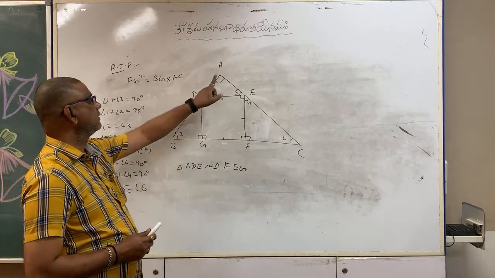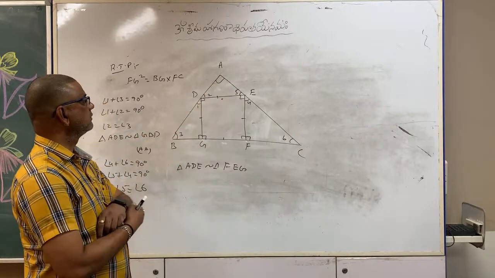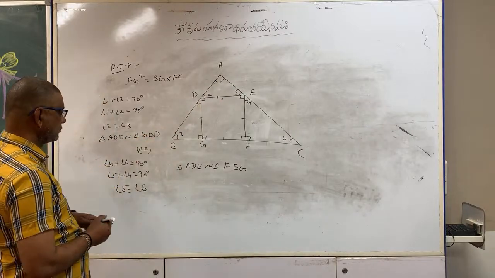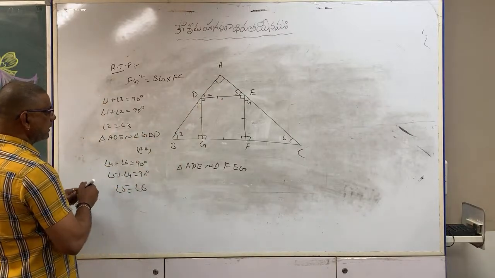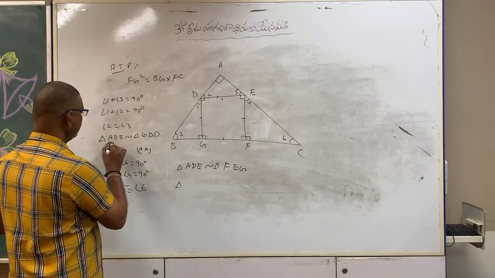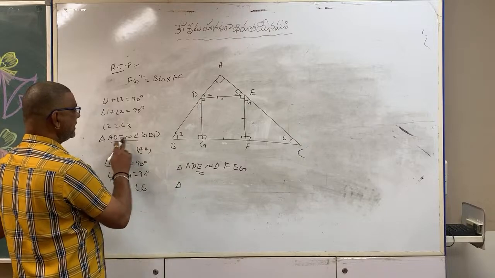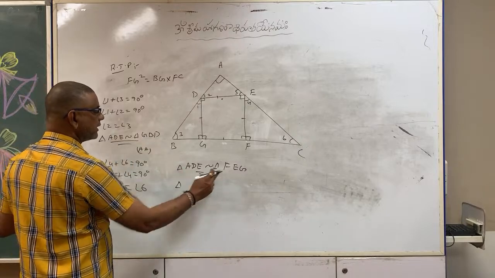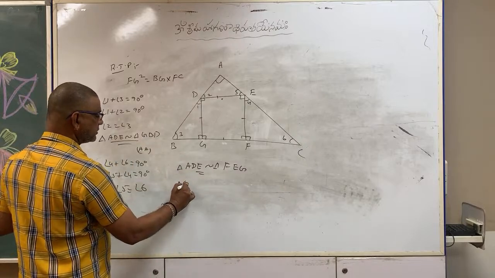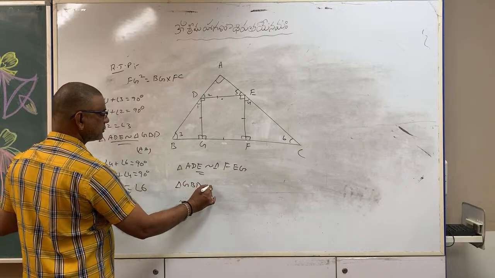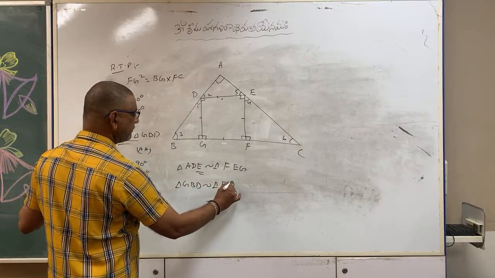Now, symbolic form. From these two, what can we write? Triangle ADE is similar to GBD, ADE is similar to FEC. So triangle GBD is similar to triangle FEC.